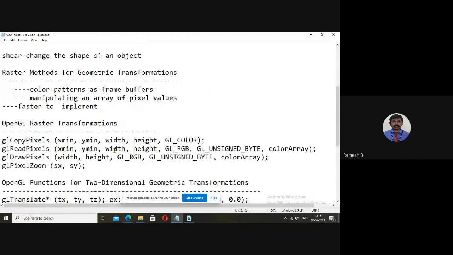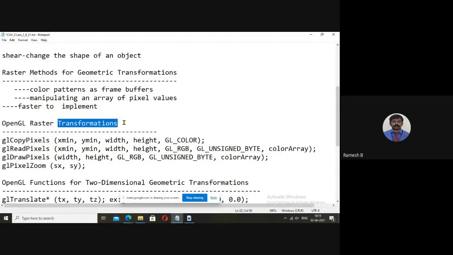These are the functions: GL copy pixels, GL read pixels, GL draw pixels, GL pixel zoom. These are the different methods used by OpenGL.